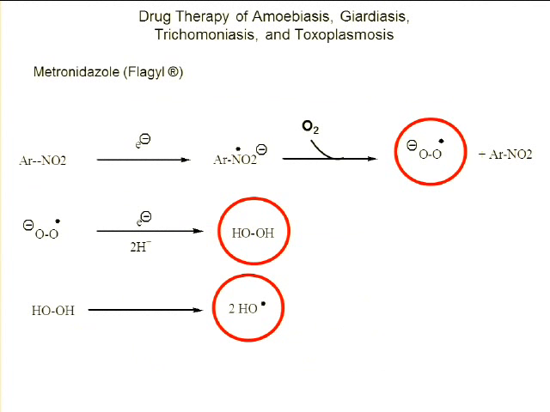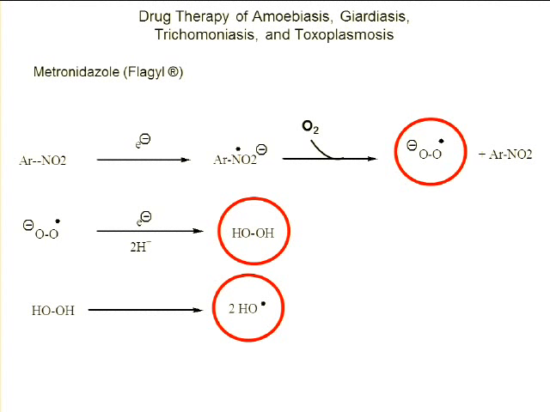And all three of these species that I've circled are highly oxidative, and they're going to cause oxidative damage to whatever environment is around them, specifically to DNA and to proteins. So these species are all toxic to the microbes.